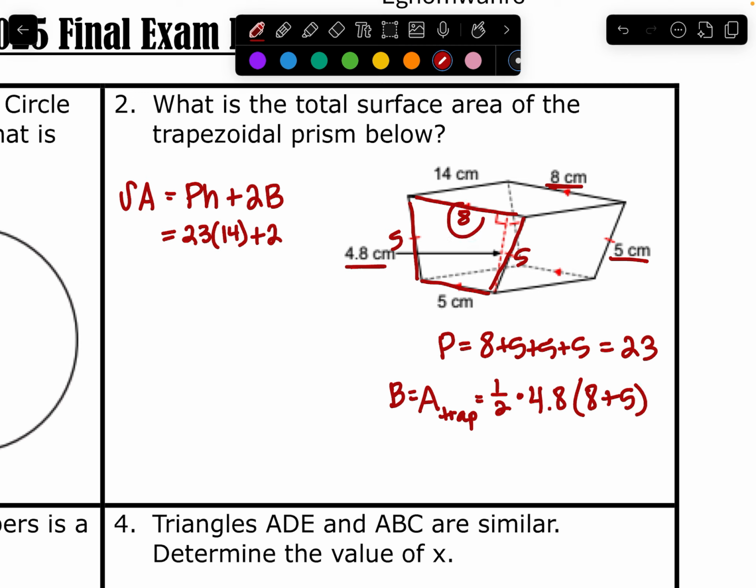One base is 8, the other is 5. When we do that, we should get 31.2. And when we evaluate all that together, we should get 384.4 square centimeters.